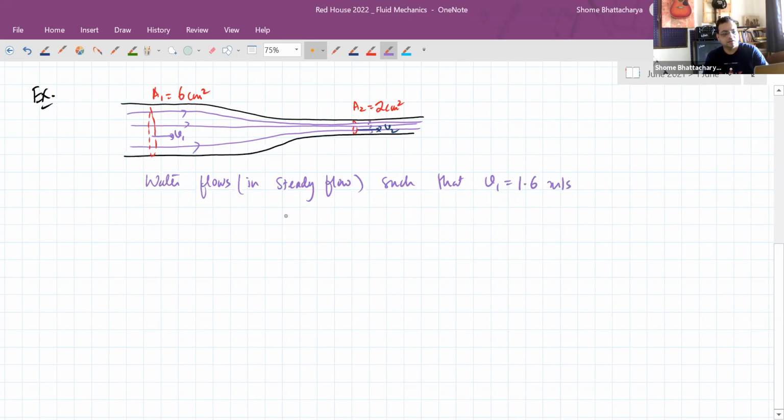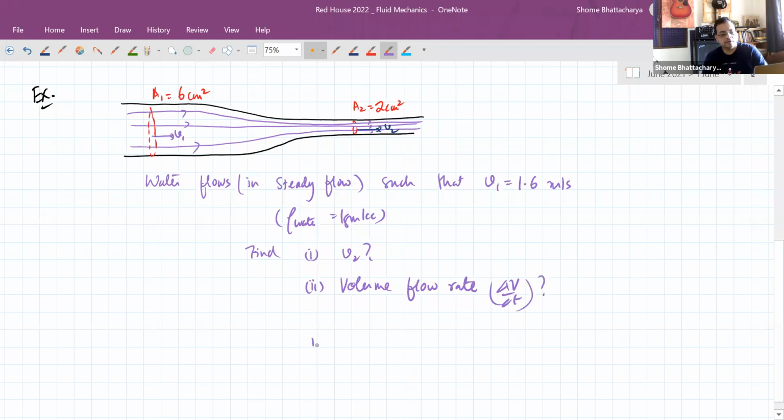Density of water as usual is 1 gram per cc. So find V2, very simple. Second, the volume flow rate, which is delta V by delta T or dV by dt.